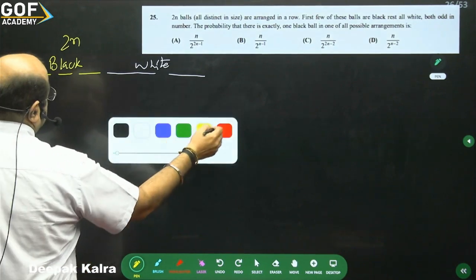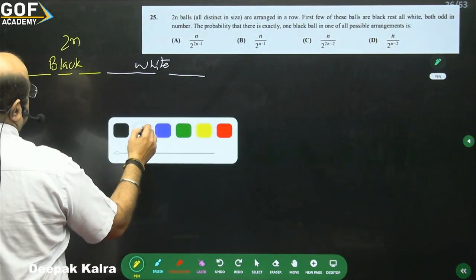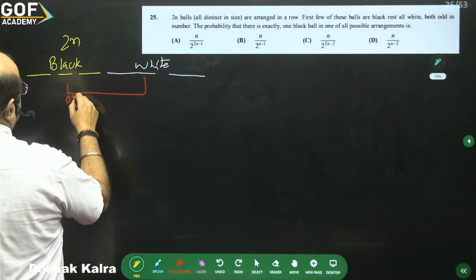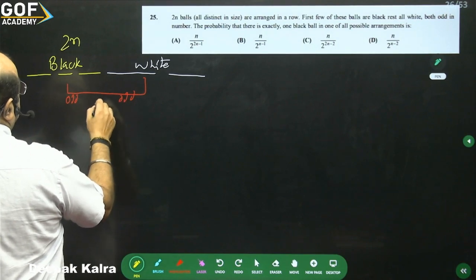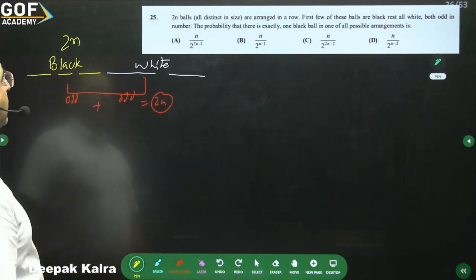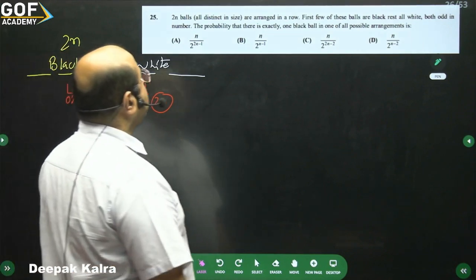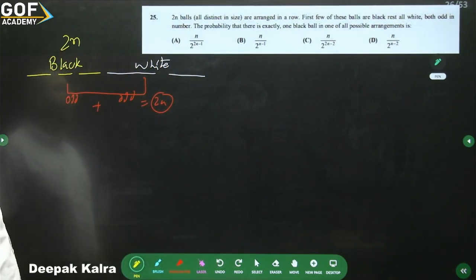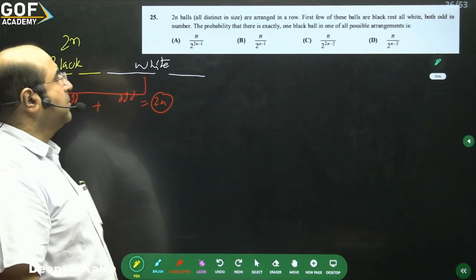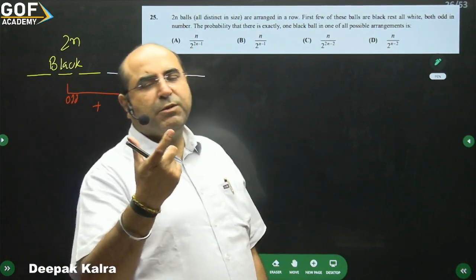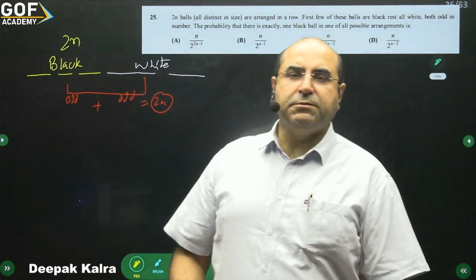That you understand. So this is odd and odd, so the sum is 2n. The probability that there is exactly one black ball in one of all possible arrangements. You understand the question? All possible arrangements.